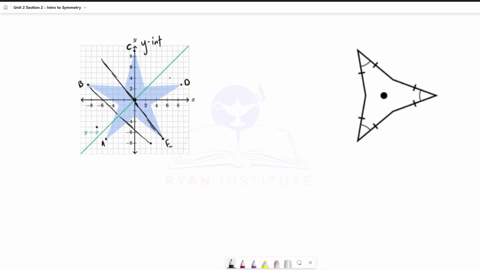This one should end up somewhere around here. And this last one should end up somewhere close to here. And so if I were to draw the outline of that star shape, it would not overlap the original shape.